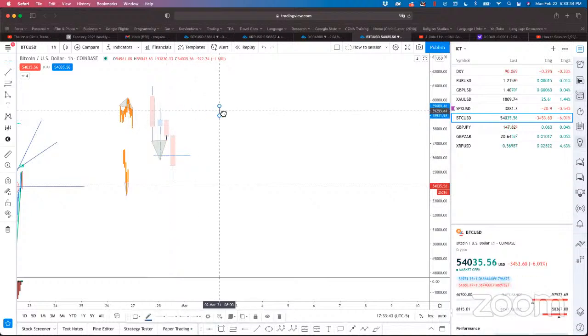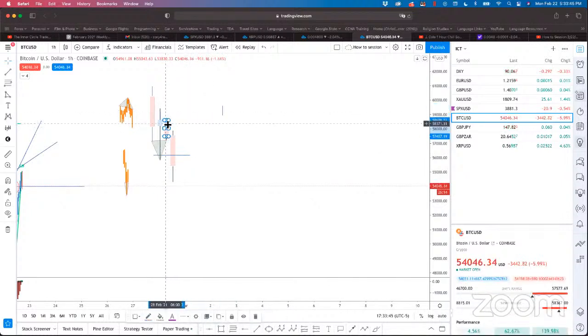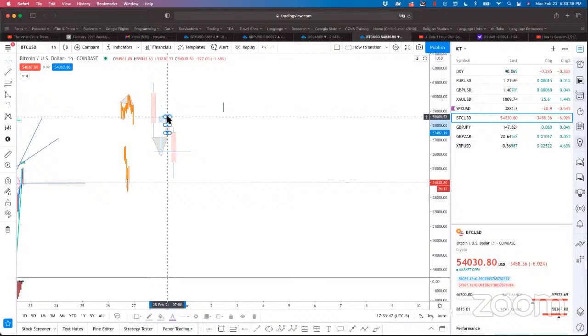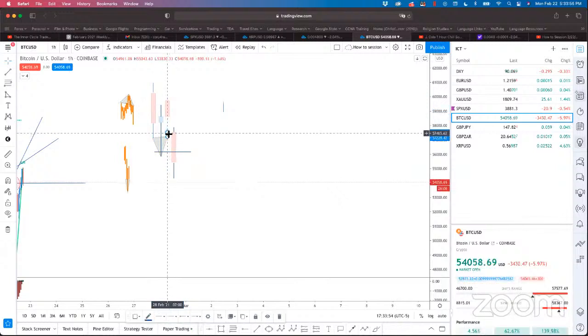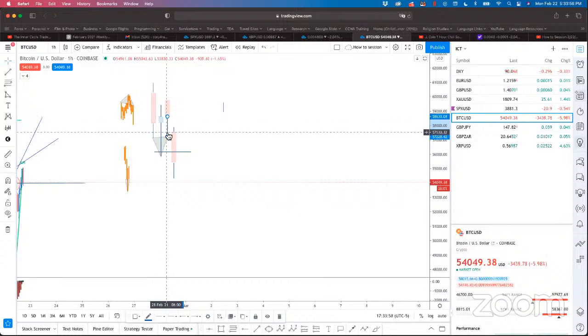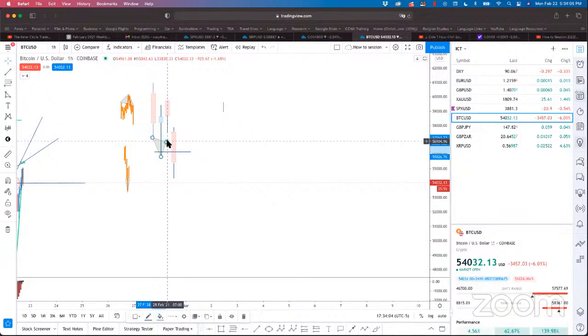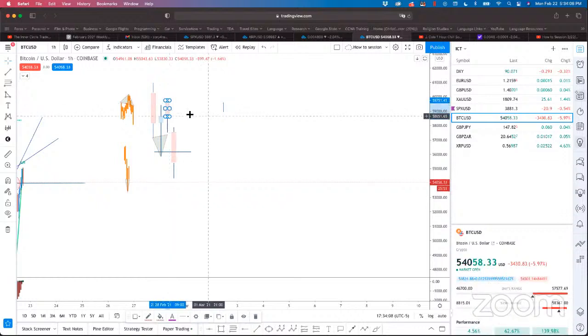You would have wanted a bullish candle right here first, where you would have got the up move confirmed, and then you would be entering on this candle somewhere right around here.